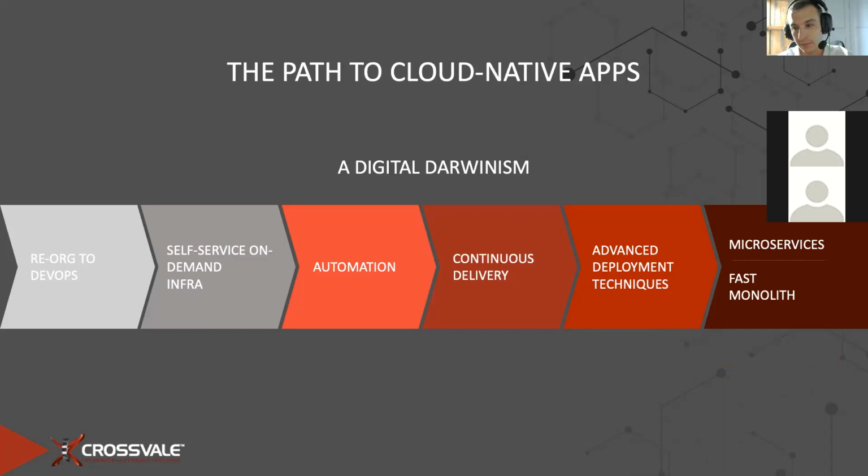This will lead to a microservice architecture or to a fast monolith architecture. This means that all over the stack we can deploy a monolith as fast as a microservice.